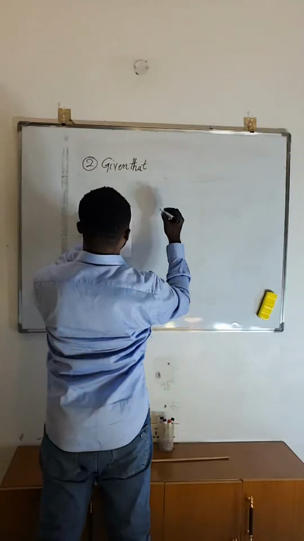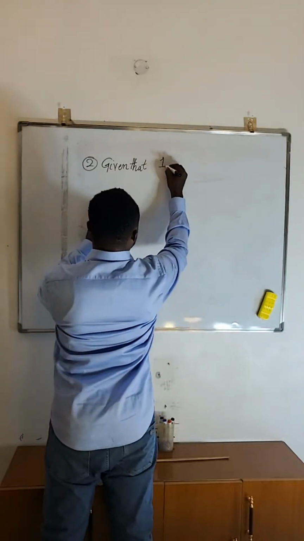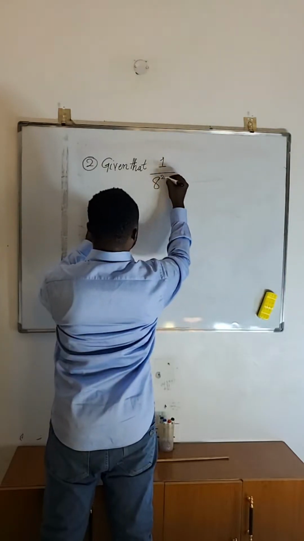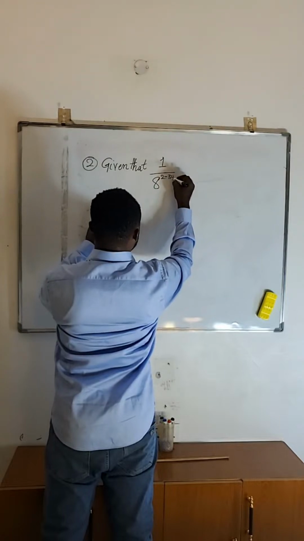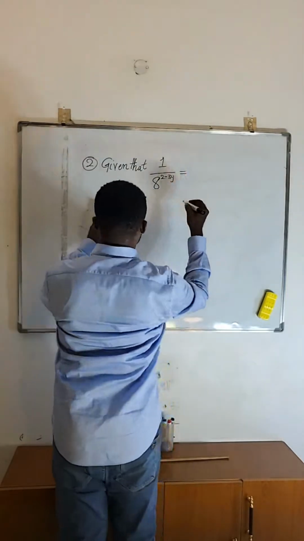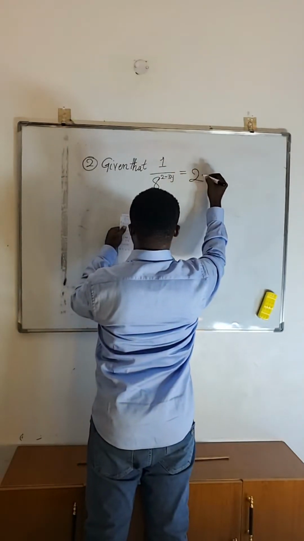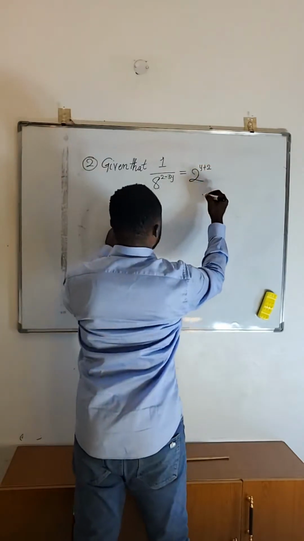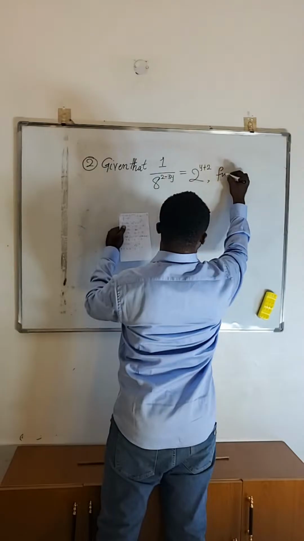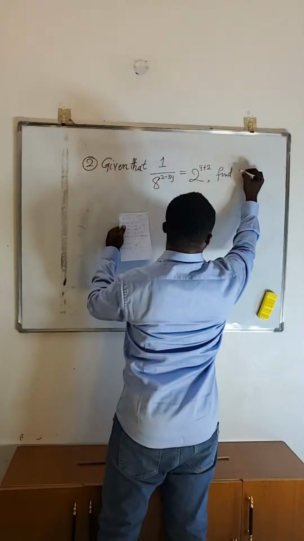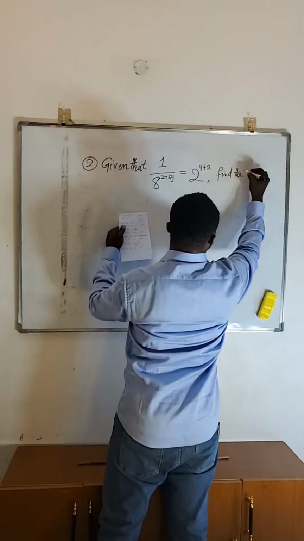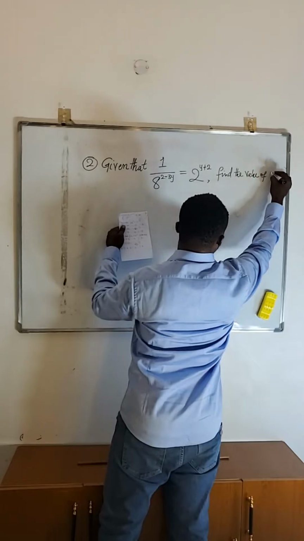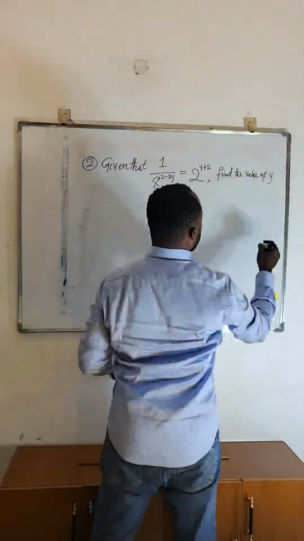Question 2 says, given that 1 over 8 raised to the power of 2 minus 3y equals 2 raised to the power of y plus 2, you are told to find the value of y. So find the value of y.